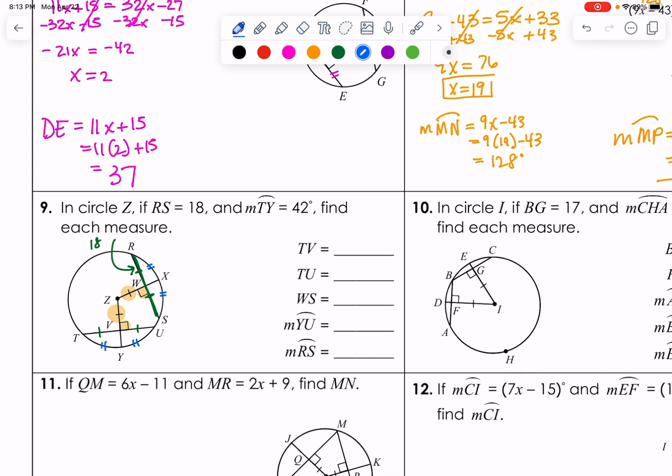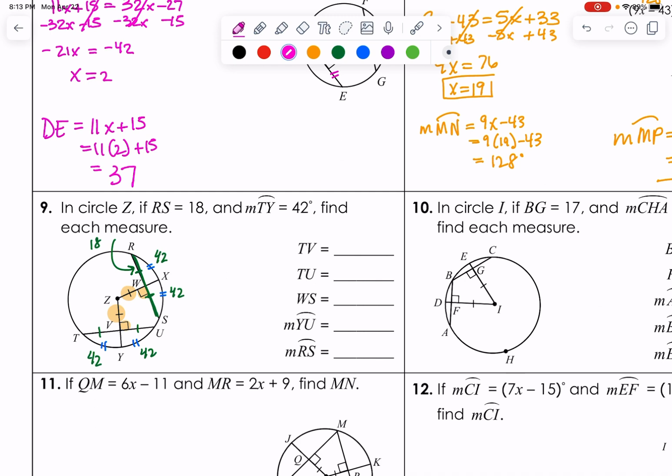So now that I've done that, it's just about using the numbers that I have. So TY is this little piece over here. And so every place that I have 2 blue tick marks, I'm going to put 42. Now, RS is 18.